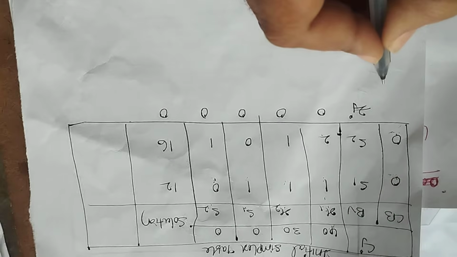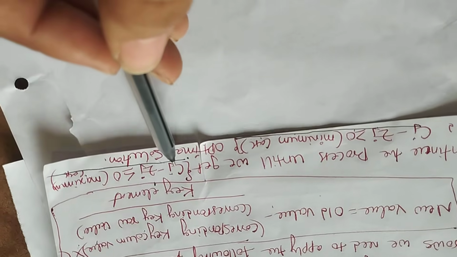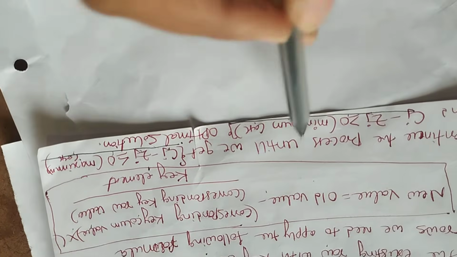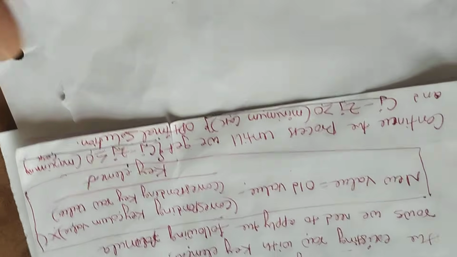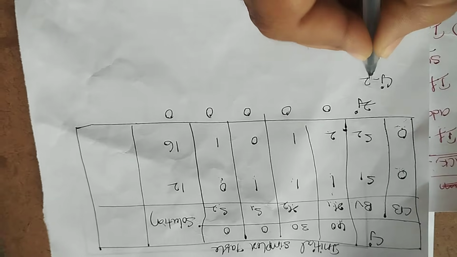Now what should we find to get the optimal condition? That is here in the procedure. How could we get the optimal solution? If Cj minus Zj is less than or equal to 0 for the maximum case, then the optimal solution is attained. For this we need to find Cj minus Zj.